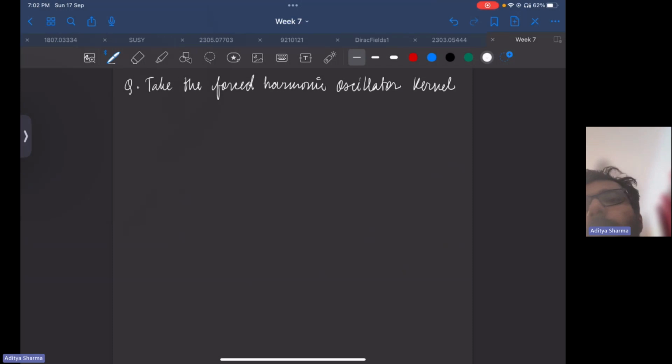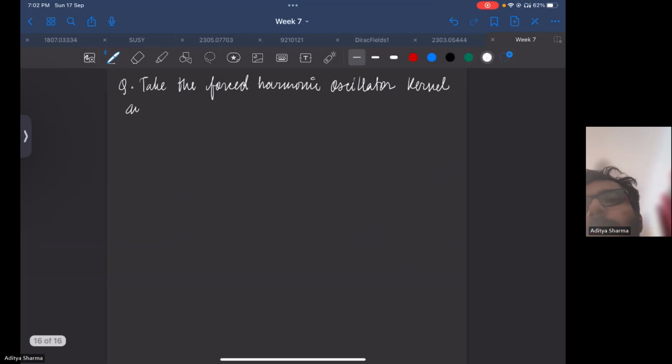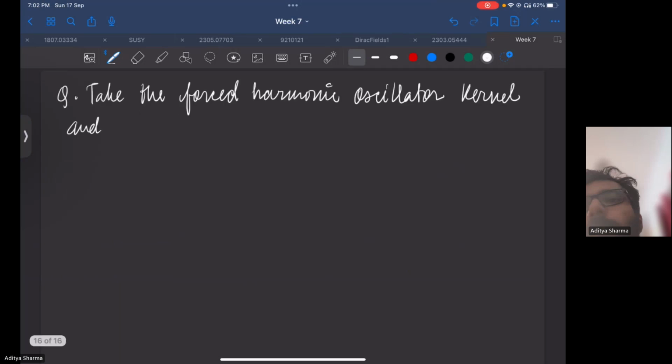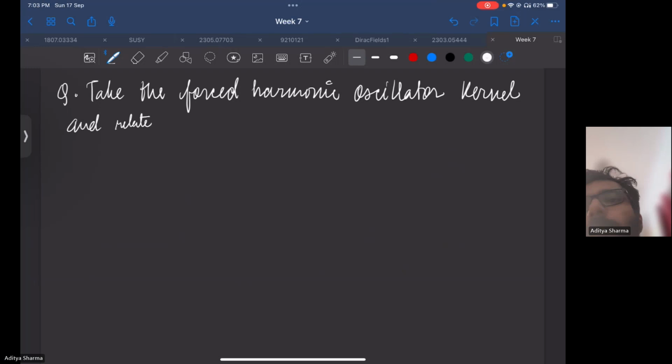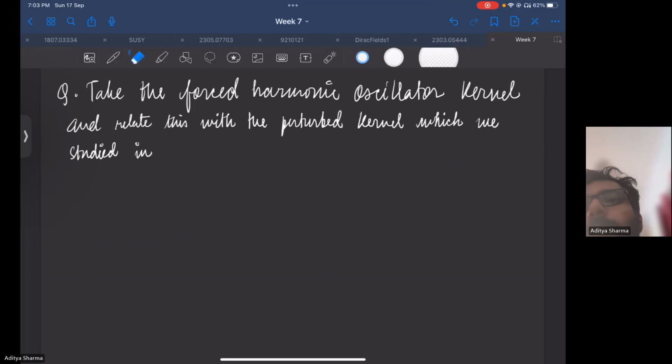Okay, now take the simple harmonic oscillator kernel and relate this with the quartic kernel, the kernel which we studied in... okay.